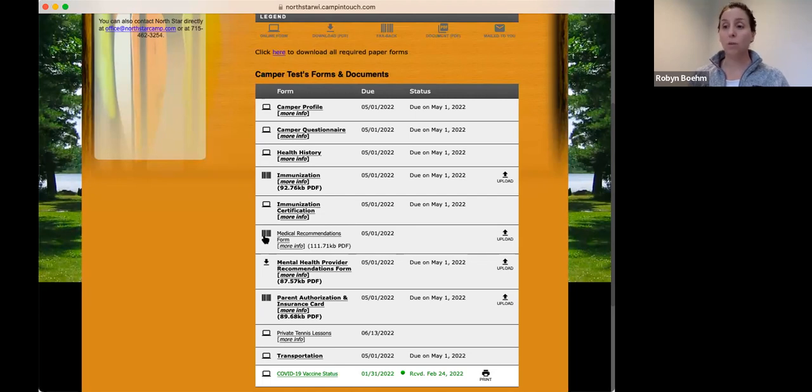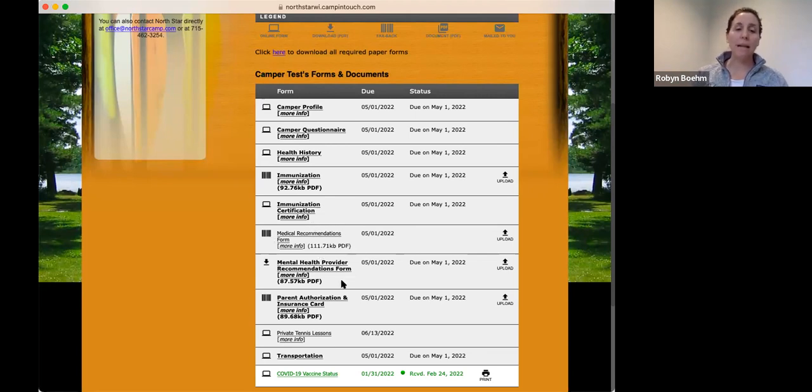This is one of the forms that a doctor will need to review and that we ask for a doctor's signature. It really opens up the lines of communication between our health center and your healthcare providers back at home to make sure that we are continuing care and setting your child up for success. This is one of the optional forms that does need to be reviewed by a doctor.